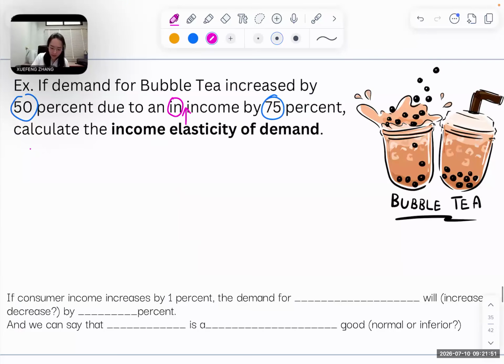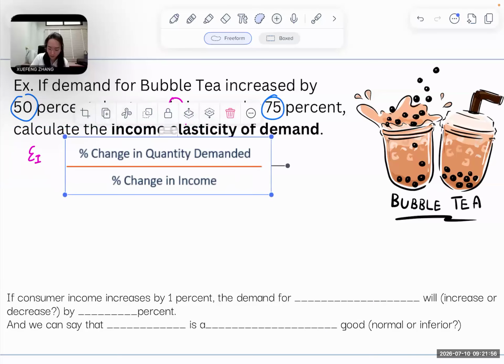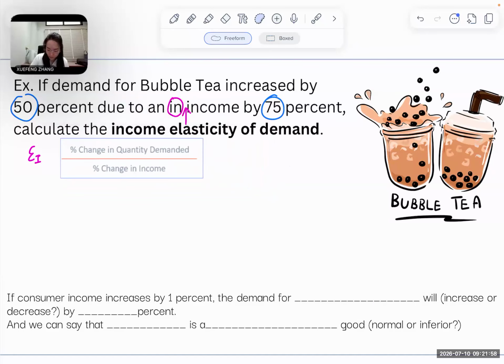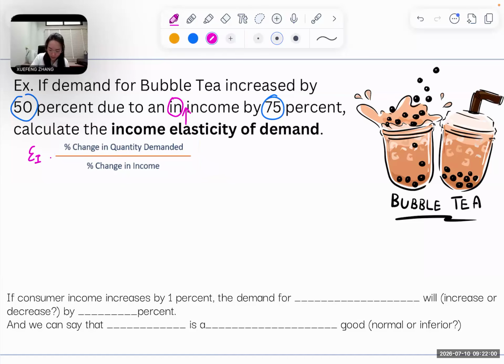Okay, so epsilon I due to the formula equals the percentage change in quantity demanded over percentage change in income. And next one, we just plug in numbers, right? What is the percentage change in quantity demanded? Okay, it's here, right? 50%.